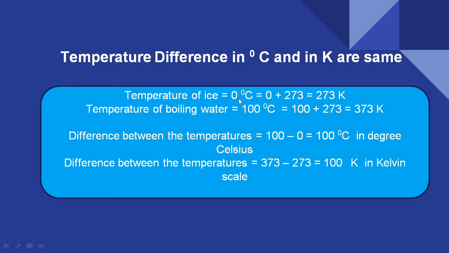The temperature of ice you can note as 0 degree Celsius, or in Kelvin it is 273 Kelvin. And the temperature of boiling water is 100 degrees Celsius, or 373 Kelvin. So the difference between the temperatures is 100 degrees Celsius in the Celsius scale, and it is 373 minus 273, which is the same as 100 Kelvin in the Kelvin scale. That means the difference is the same, 100.